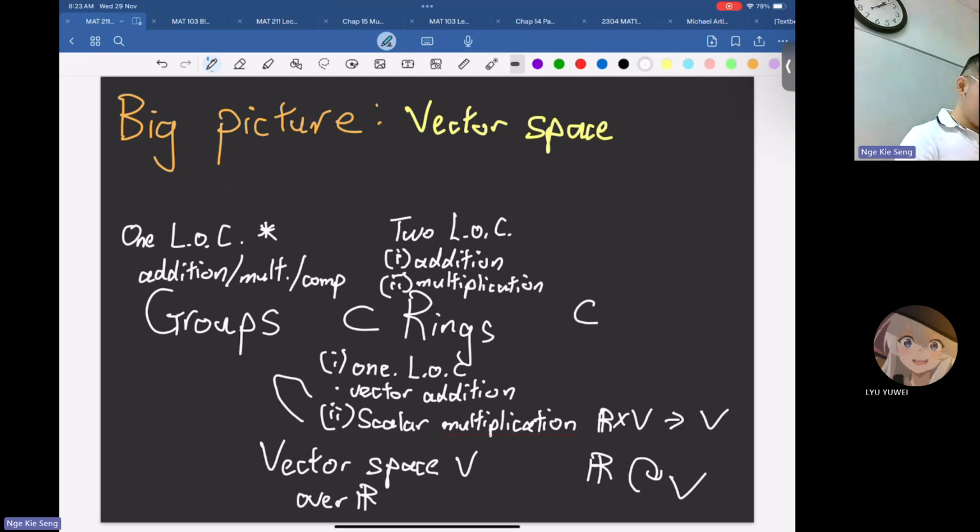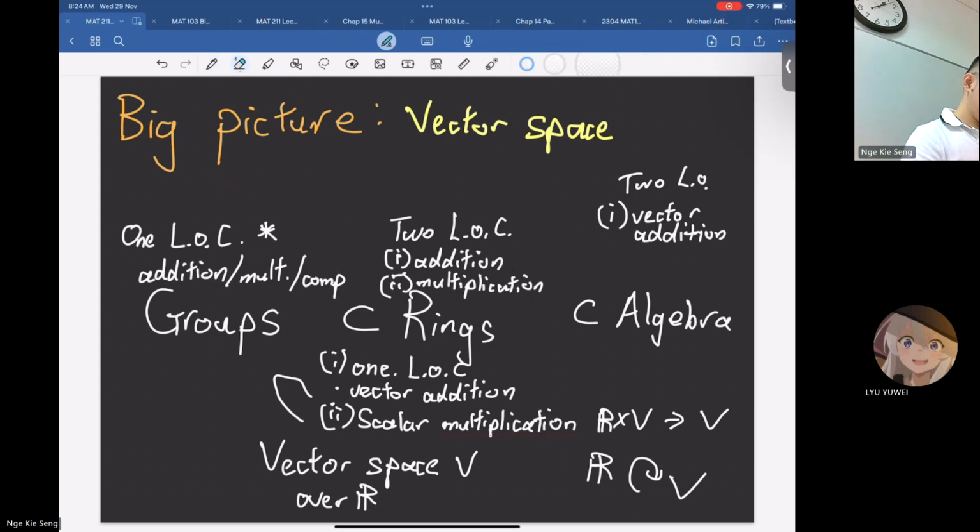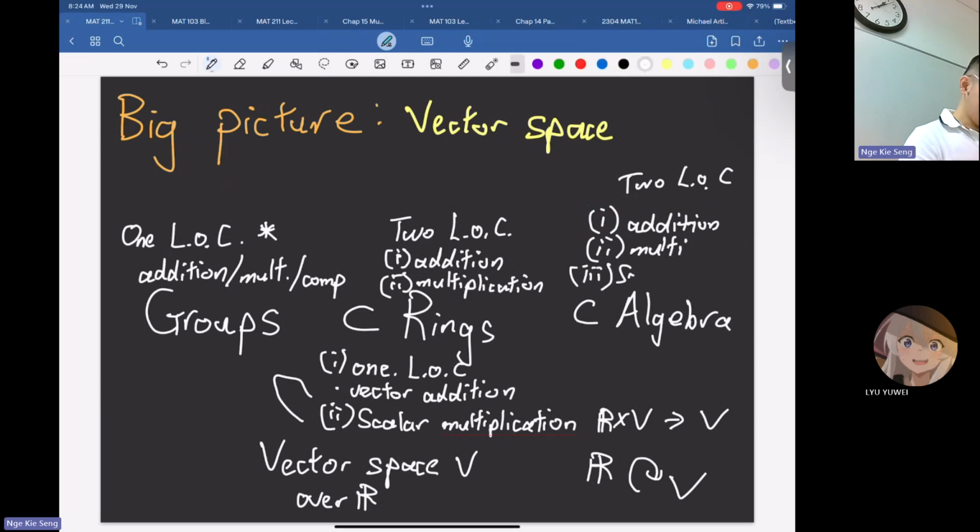So algebra is you can have vector addition, also multiplication. You just keep addition on it. So you have addition, you have multiplication, you will also have the scalar multiplication. So algebra is the most general thing you can have.